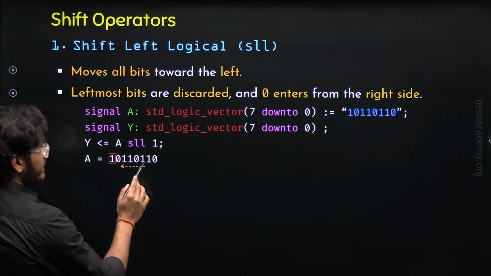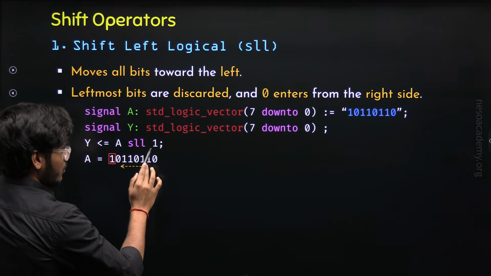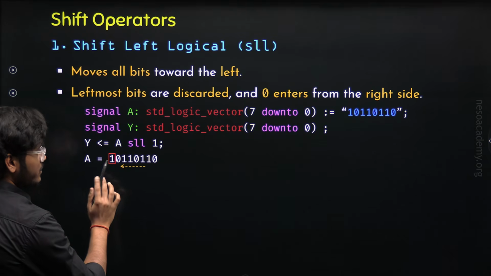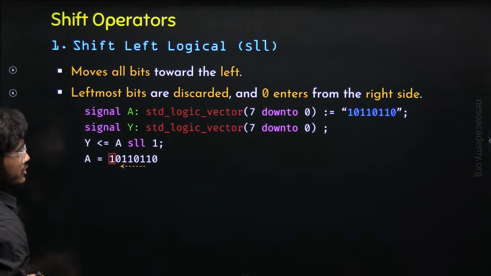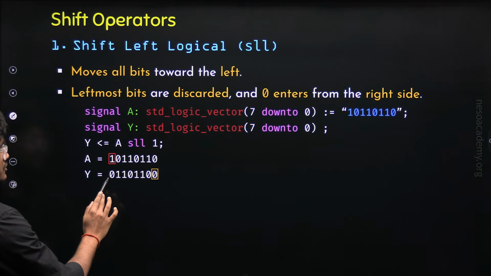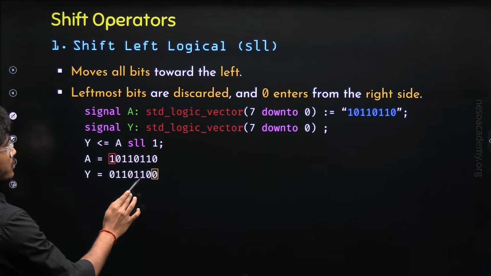So, the output will be 0, 1, 1, 0, 1, 1, 0, 0.